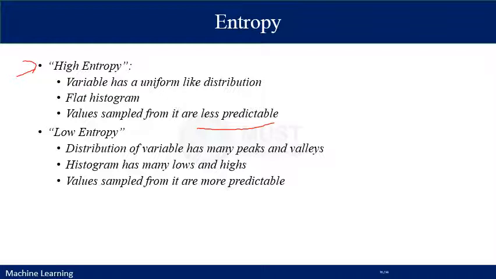However, if you have low entropy, the distribution of the variable may have peaks and valleys in different forms instead of a simple histogram. The histogram may have lows and highs as well, and values sampled from these distributions are more predictable.